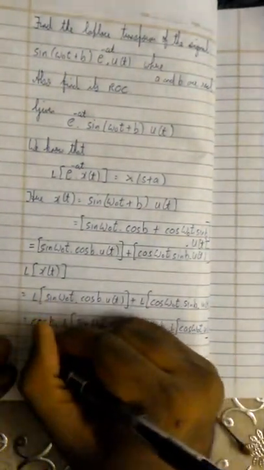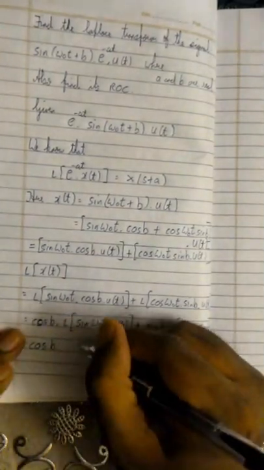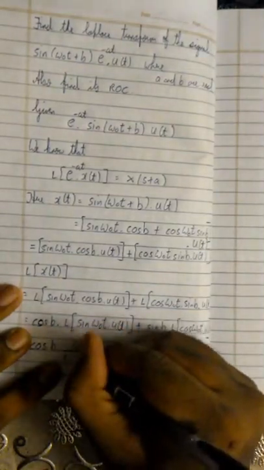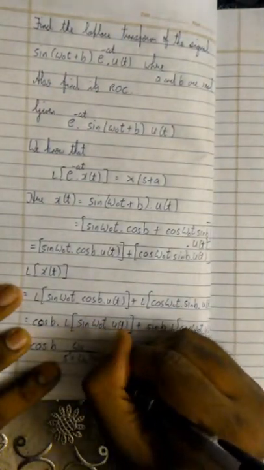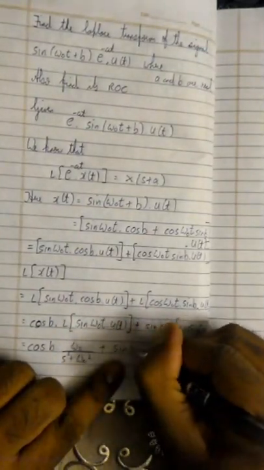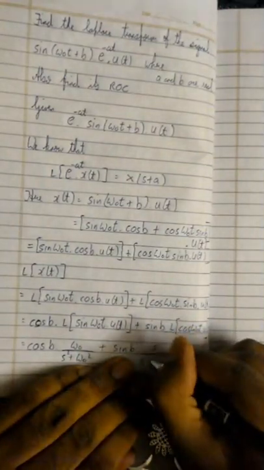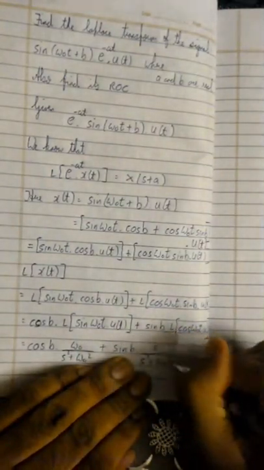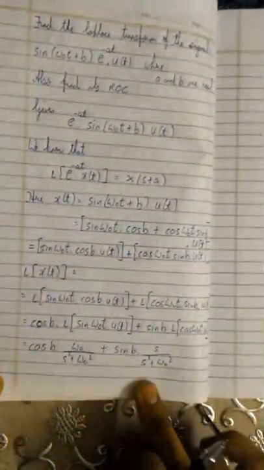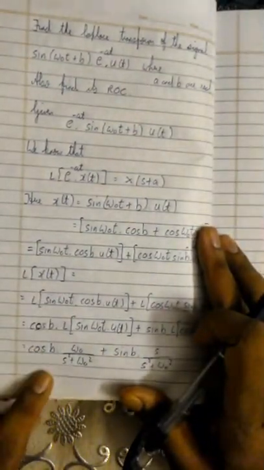So this is nothing but cos b into omega 0 by s square plus omega 0 square, plus sin b into s by s square plus omega 0 square. This is the Laplace transform of x of t, right?